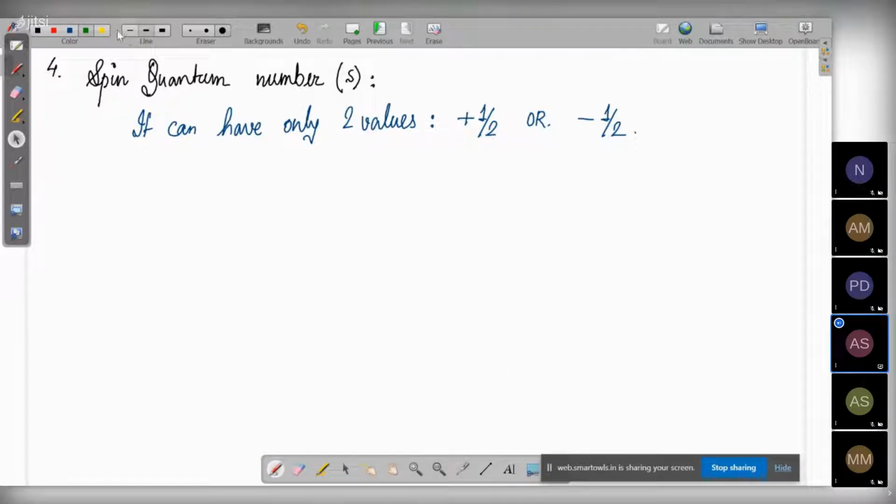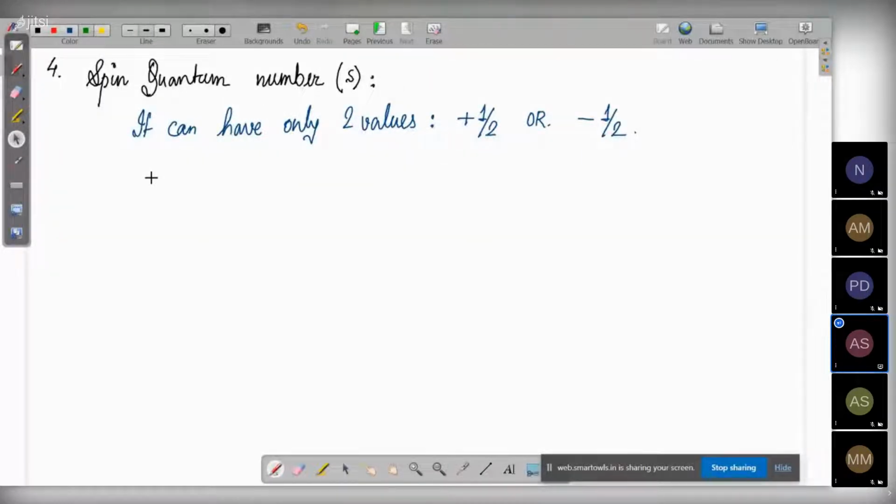So the spin quantum number refers to this rotational motion of the electron. Then what does plus half and minus half represent? The electron can rotate either clockwise or anti-clockwise, so plus half and minus half just represent whether the electron is rotating in a clockwise or anti-clockwise direction.